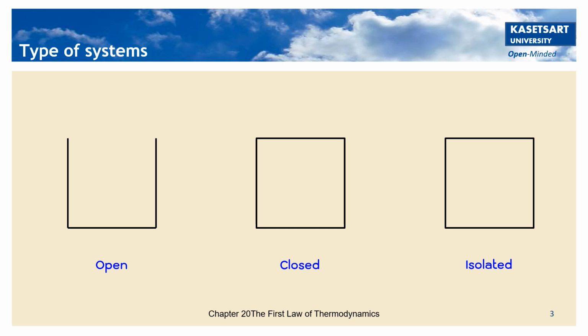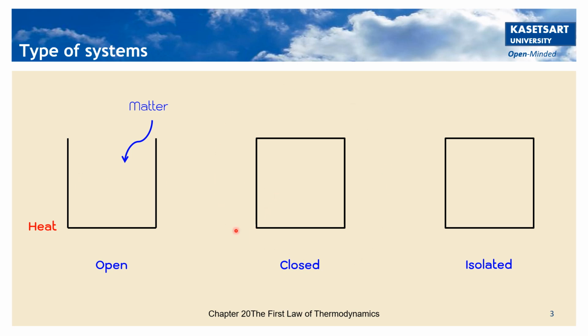For the open system, matter or particles or mass can come from the environment or surroundings into the system. So we can have mass or matter exchange between the surroundings and the system. And also heat or energy can enter into the system.